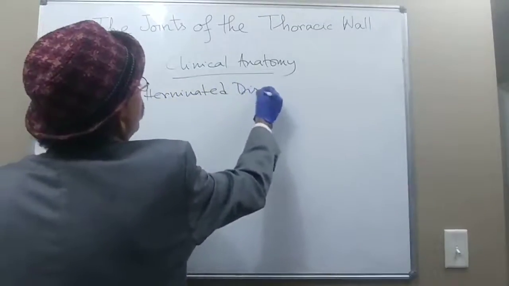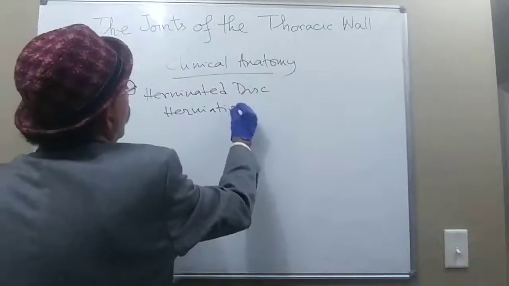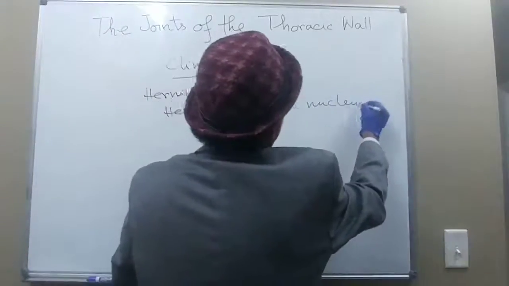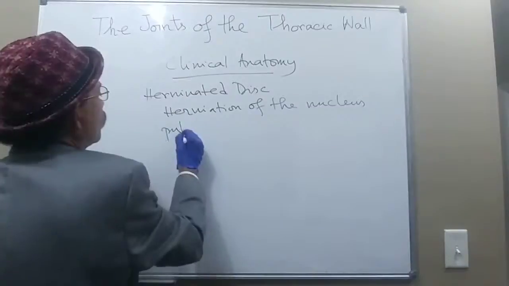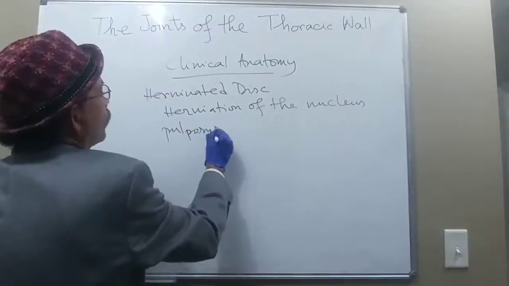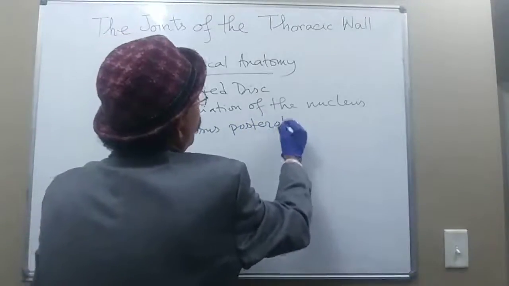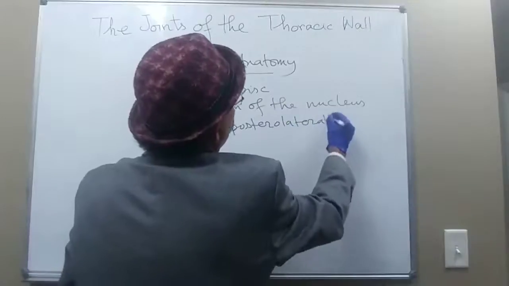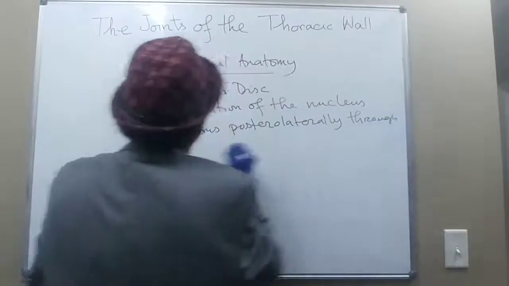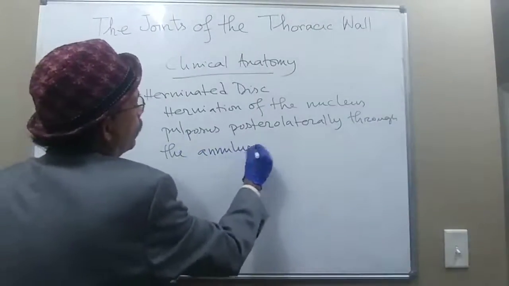That is the herniation of the nucleus pulposus posterolaterally through the annulus fibrosus.